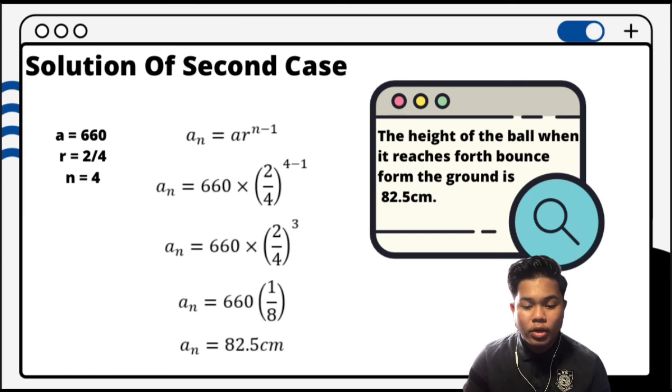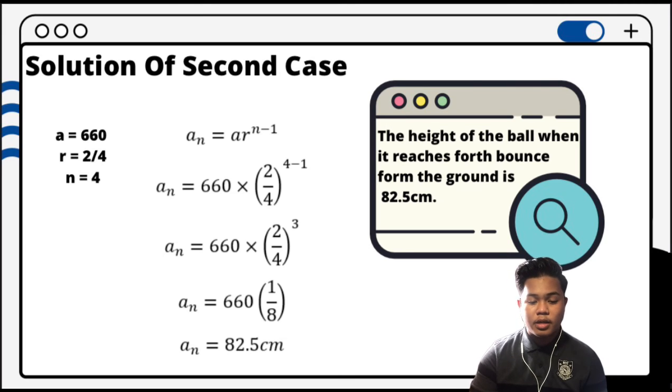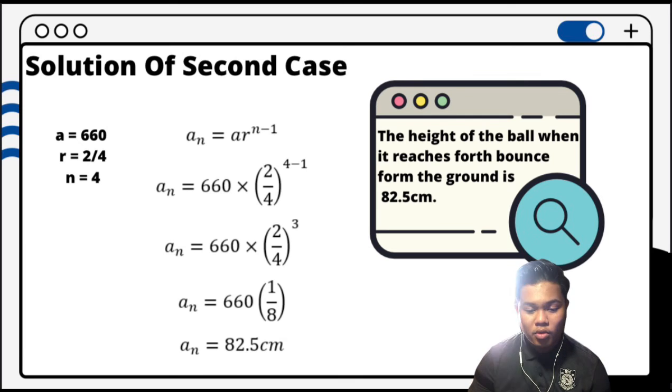So now we are going to the solution for problem background 2. Basically, we are using the geometric progression formula for solving this problem. The formula is a_n equal a r to the power n minus 1. So a equal 660, r equal 2 over 4, n equal 4.